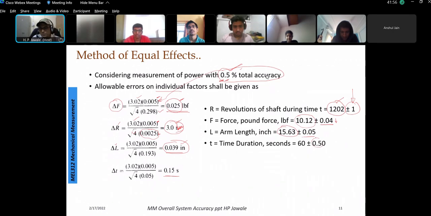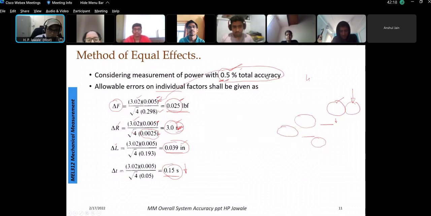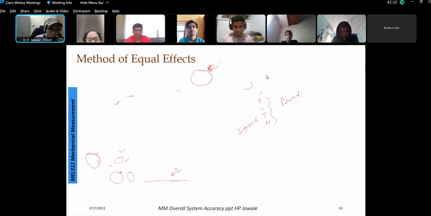The same is the case with the time measurement. The stopwatch accuracy we used was limited to plus minus 0.5 seconds. Now we should be more precise in the measurement of time. It should be 0.15. Let me recall the earlier error from the expression.